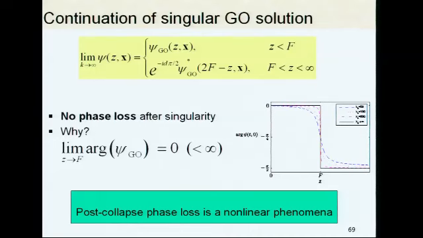But if you look at the phase here and you let k go to infinity, you see that the phase goes to this limit. It's 0 before the singularity. It's minus pi over 2 with some power of d after the singularity. So there is a phase jump at the singularity, but you don't lose the phase at the singularity.